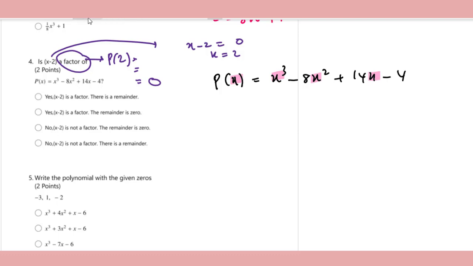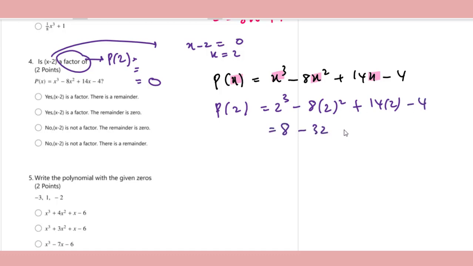Substitute P of 2. 2 cubed minus 8 times 2 squared plus 14 times 2 minus 4, and 8 minus 32 plus 28 minus 4, and you can use a calculator to find this again, and the answer is 36 minus 36, which is equal to 0. So the answer is yes.